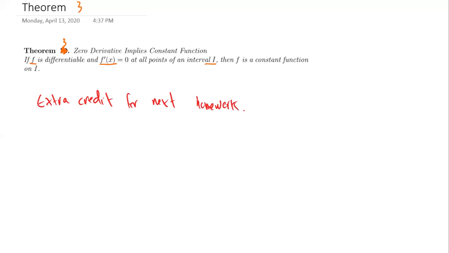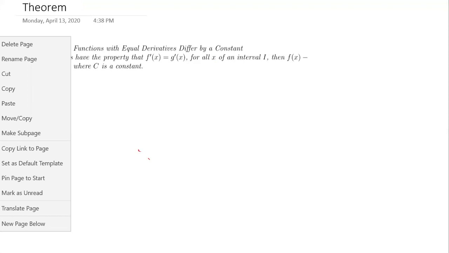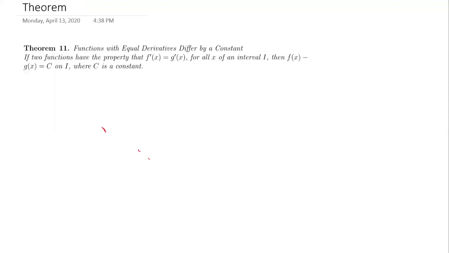Now, the reason why this is useful is the next theorem, which here again says theorem 11. For our purposes, this is theorem 4. Okay, so what is this theorem? This is going to be very important when we start talking about integral calculus.